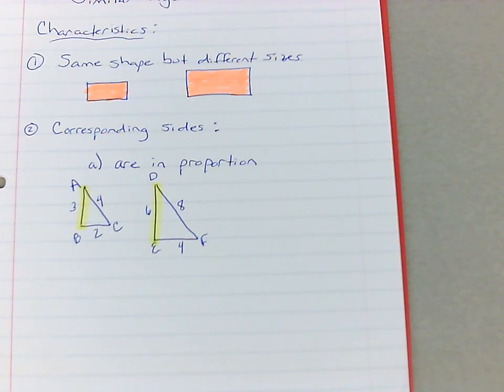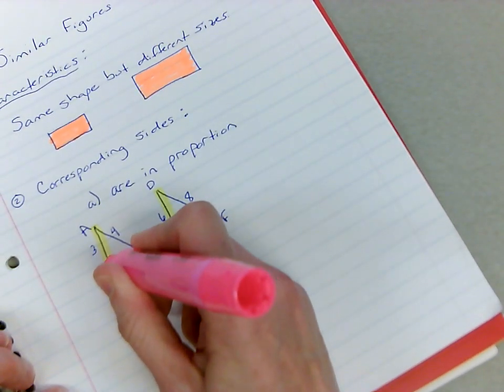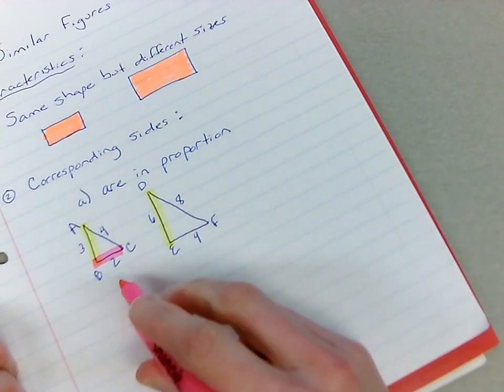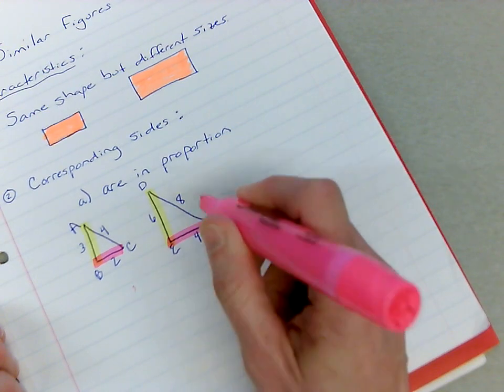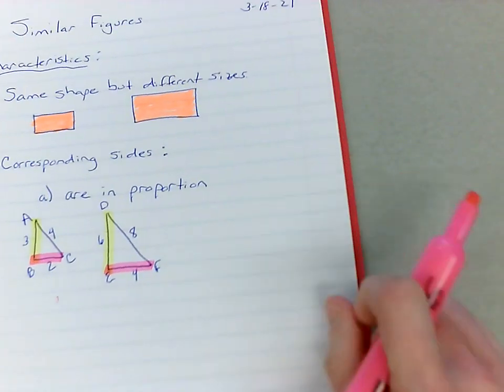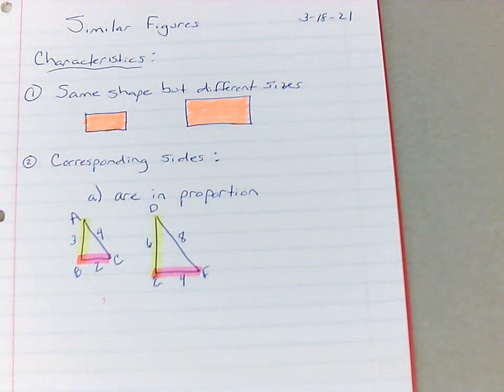I'm going to use another highlighter. I'm going to talk about how side BC on the smaller triangle is in proportion or corresponds with side EF on the larger. And one more highlighter I'm going to use here.